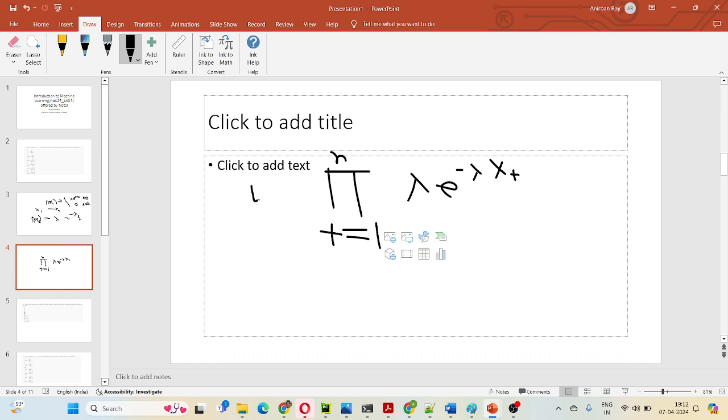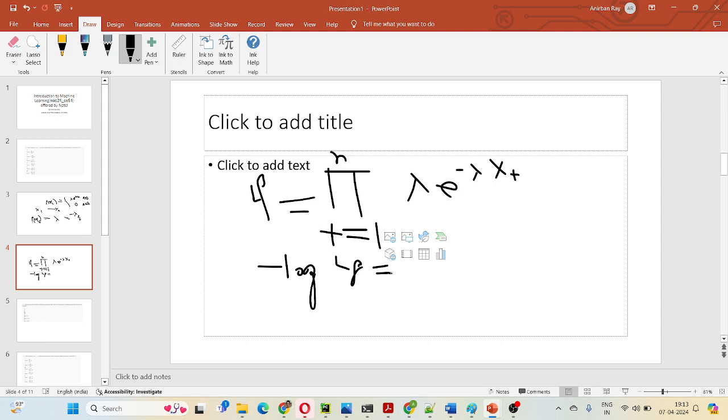This is the likelihood function, LF. Now what you're going to do is take the negative log likelihood, or at least the log likelihood of LF.